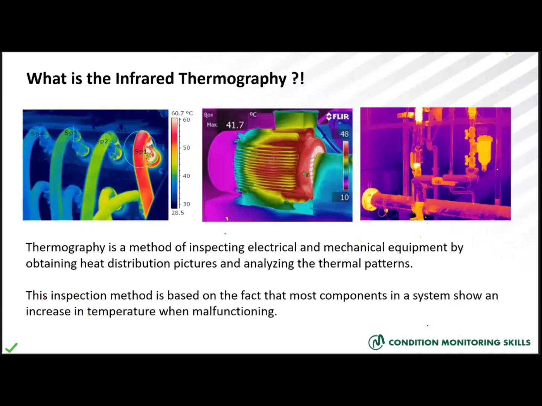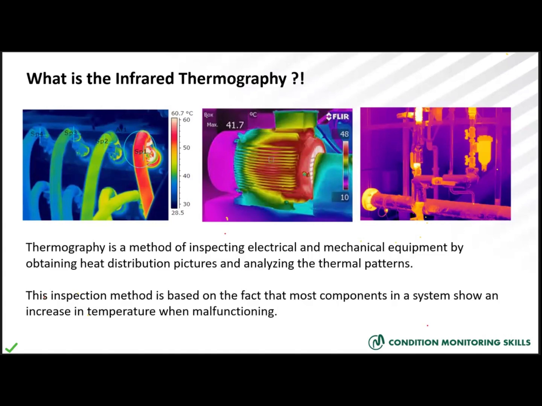It is a method of inspecting electrical and mechanical equipment by obtaining the heat distribution picture and analyzing the thermal pattern. This inspection method is based on the fact that most electrical components and most mechanical components in any system show, most of the time, an increase in temperature while malfunctioning.